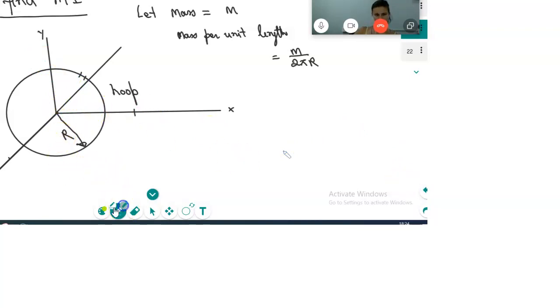See, this was the Z axis. The angle is making with the X axis. This is the theta, and this is the small angle d theta. You make an angle with the X axis.